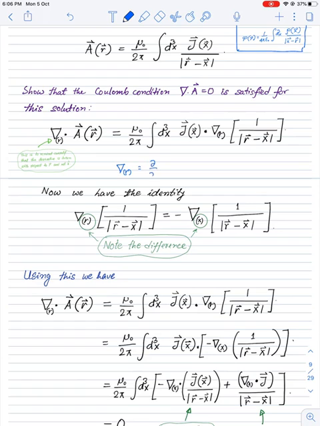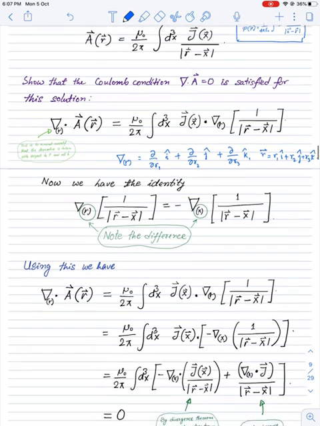What I mean by this is del r1 i plus del r2 j plus del r3 k, where r1, r2, r3 are the components of the r vector. So this r vector is basically r1 i plus r2 j plus r3 k. Okay, that is the convention.